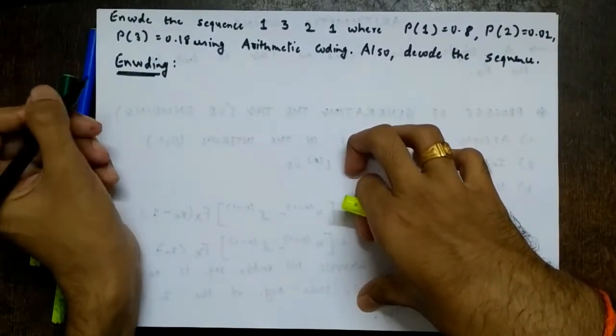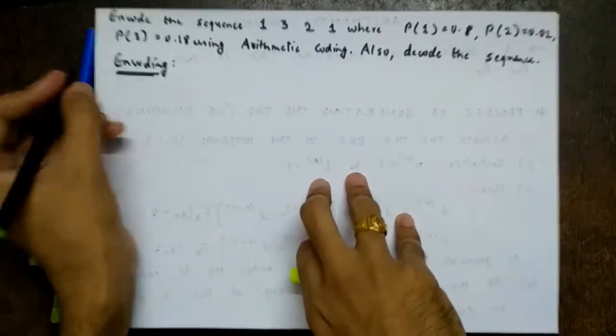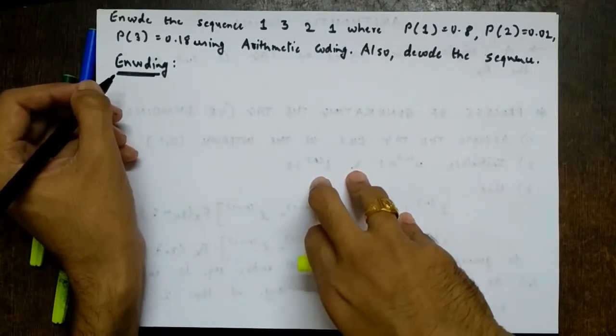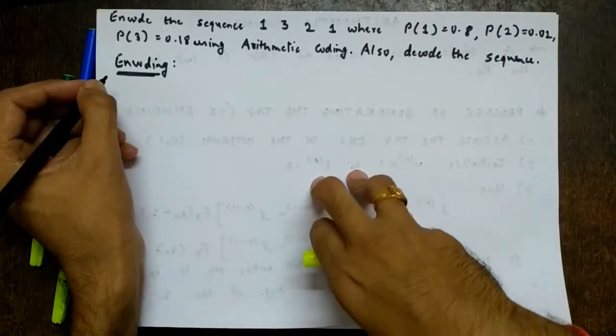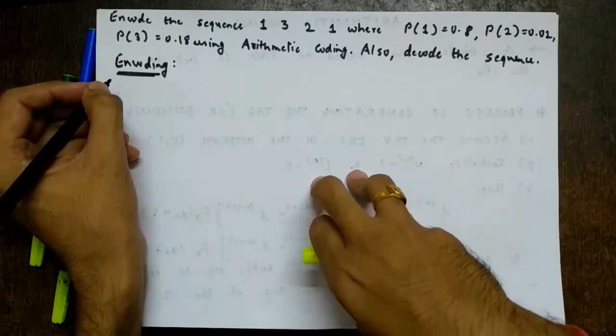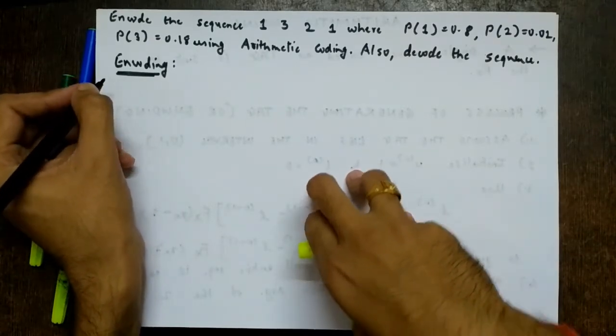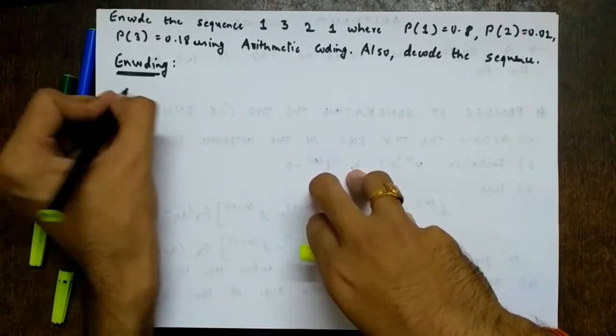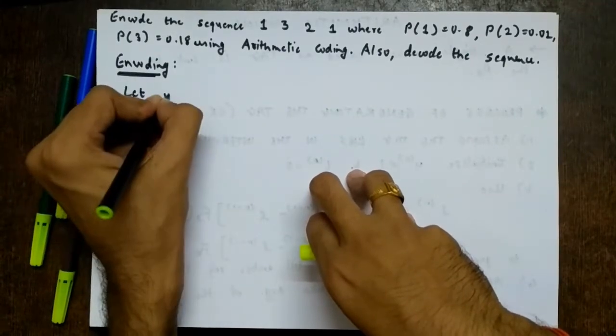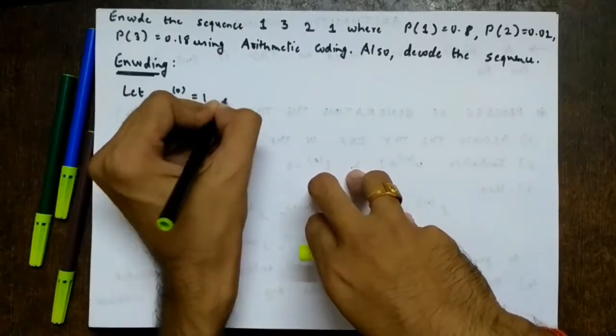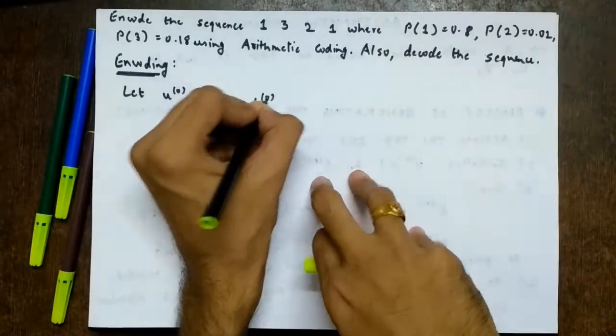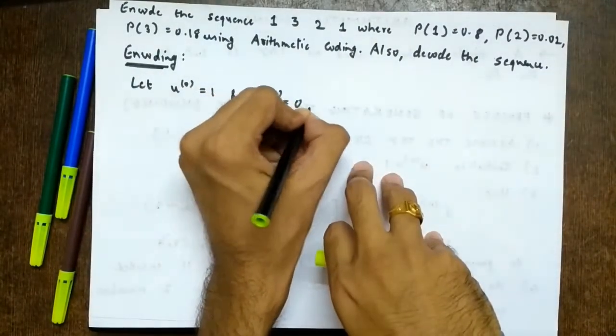Obviously, first we have to encode, then only we can decode. What is the first step? We initialize U0 and L0 to 1 and 0 respectively. So we write let U of 0 equal to 1 and L of 0 equal to 0.